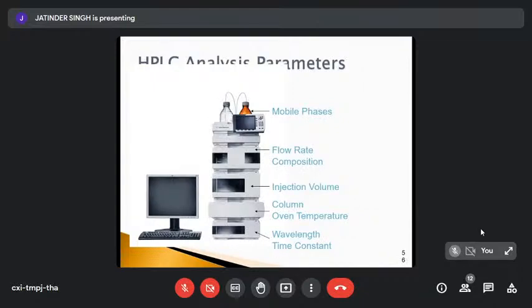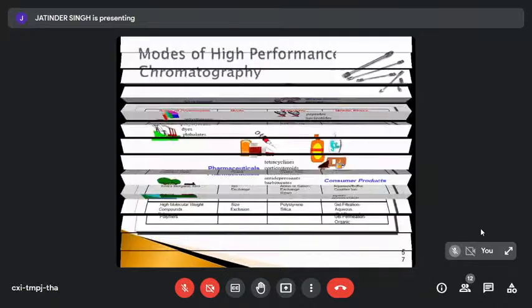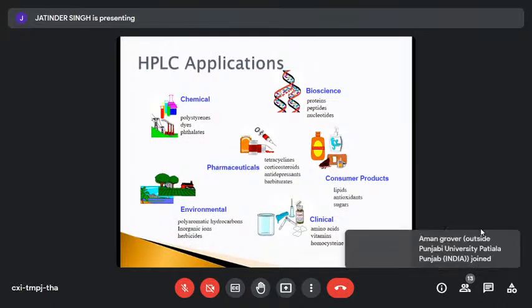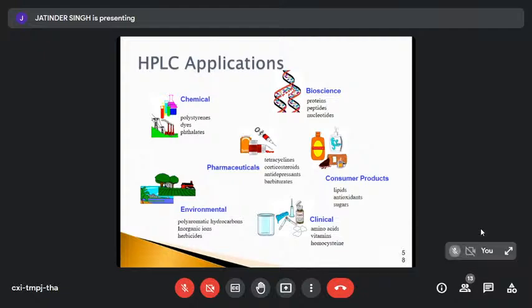This is how a modern HPLC looks like: mobile phase, injection, column, which can be controlled by temperature and wavelength. So we can apply HPLC in different areas, like chemical, bioscience, consumer products, clinical, environment, and pharmaceuticals.